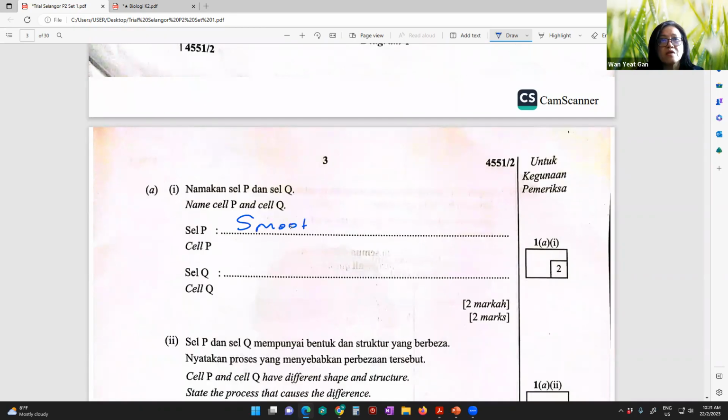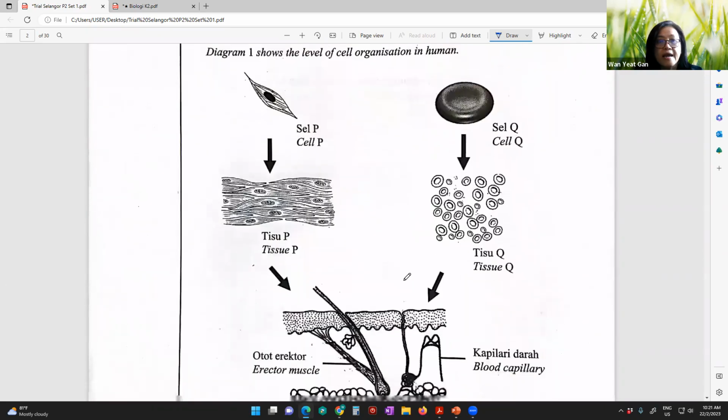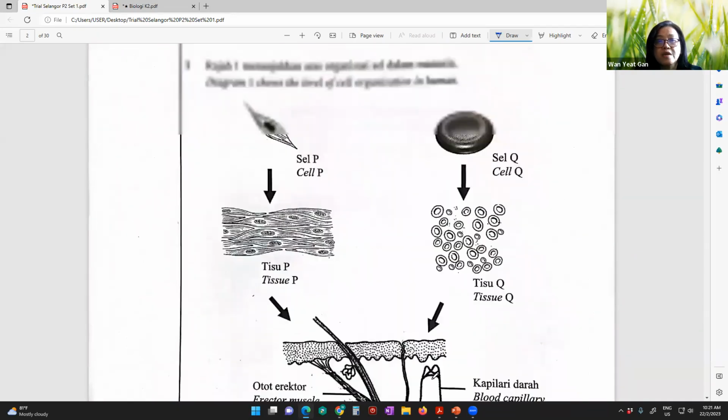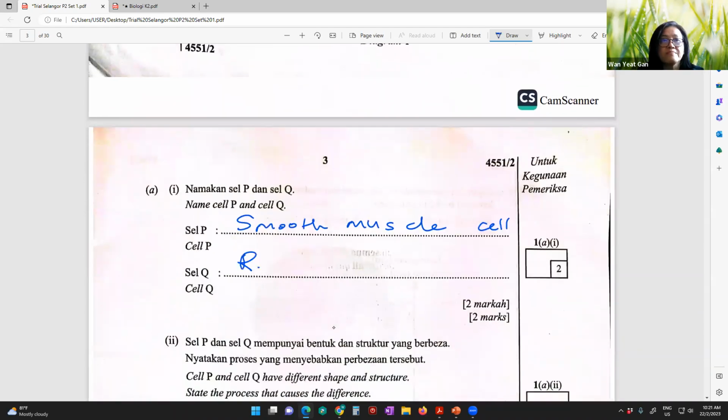You have to be very specific because the shape of the cell is actually smooth muscle. And the second one, cell Q, is red blood cell, right?